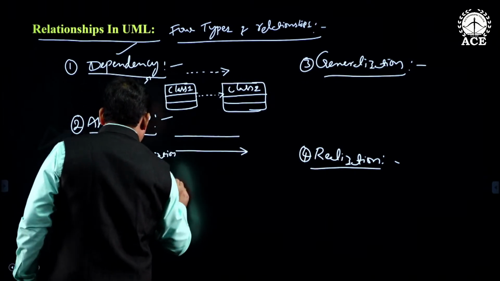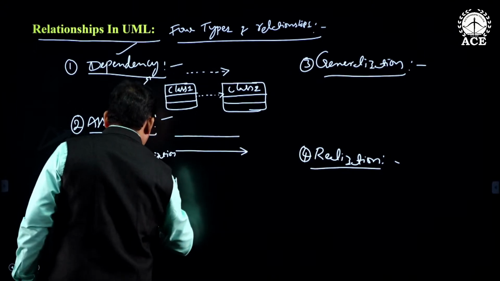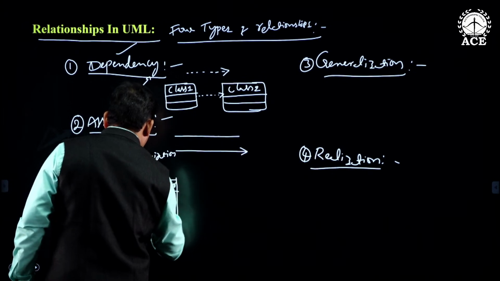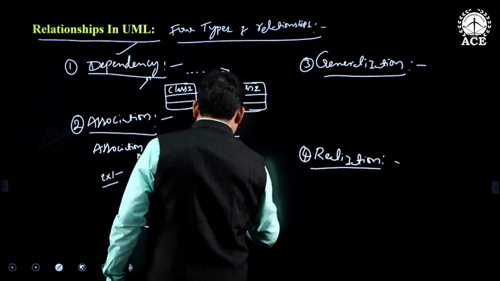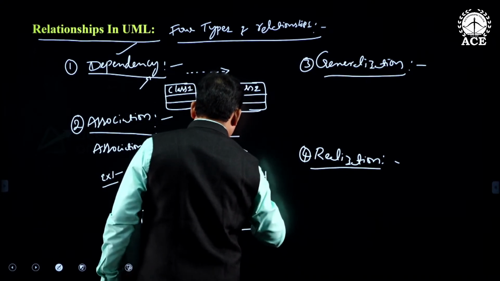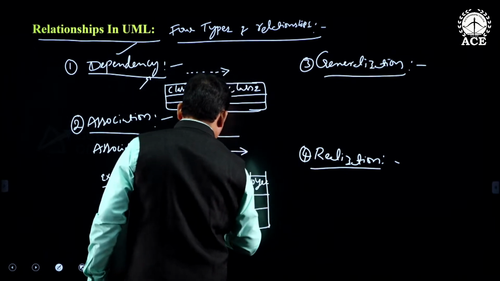Employer is one class, with attributes and operations which you can add. Employee is one more class, and you can add attributes and operations.